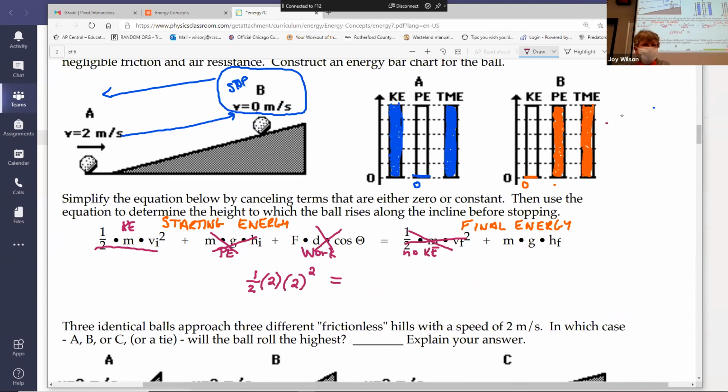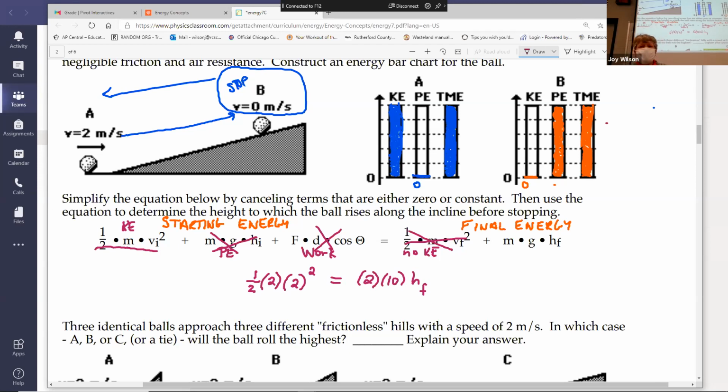Because they ask us to determine the height. Ooh, I did not do a good job of drawing that. All good. We'll figure it out. There you go. So we know that the mass is 2. We know that gravity is still going to be 10, but we don't know the height. That's the piece we're solving for.